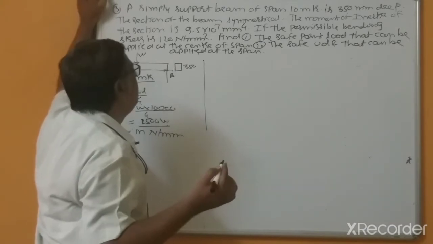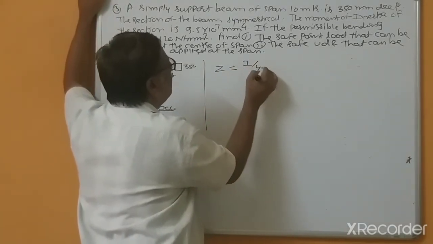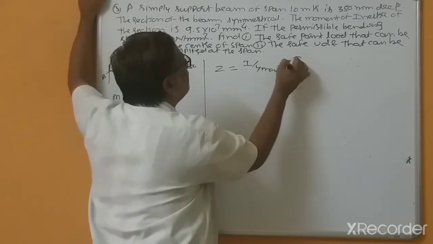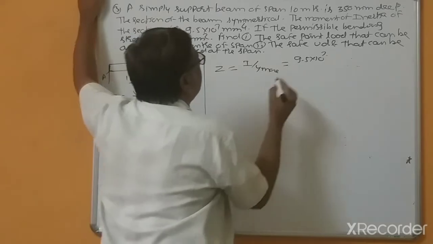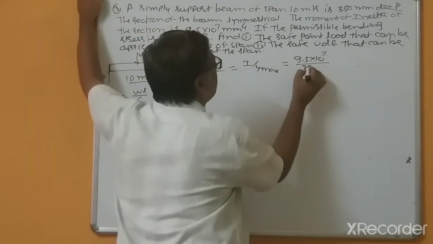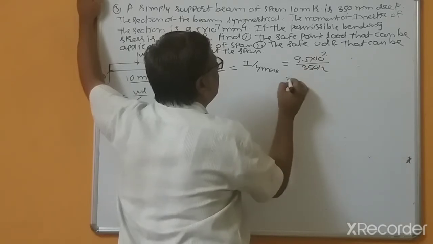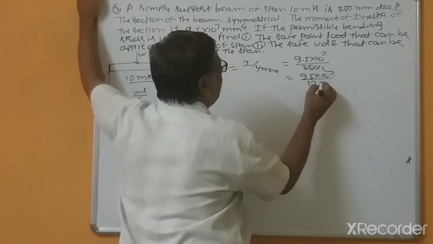Moment of inertia is directly given. Section modulus equal to I divided by y max, 9.5 into 10 to the power 7 divided by y max, where y max is 350 divided by 2, which is 175.